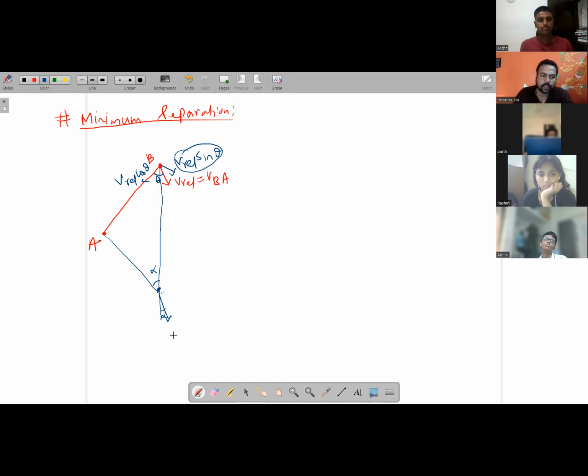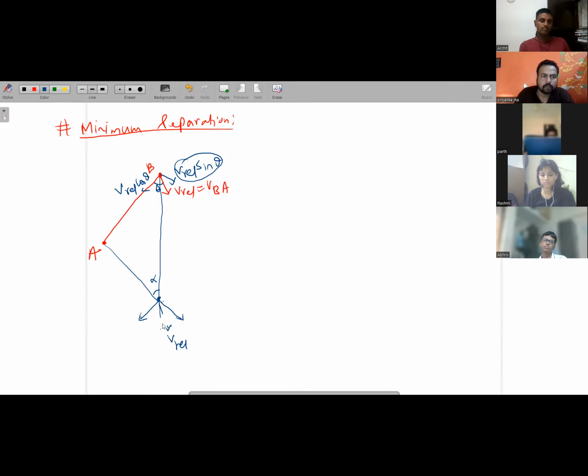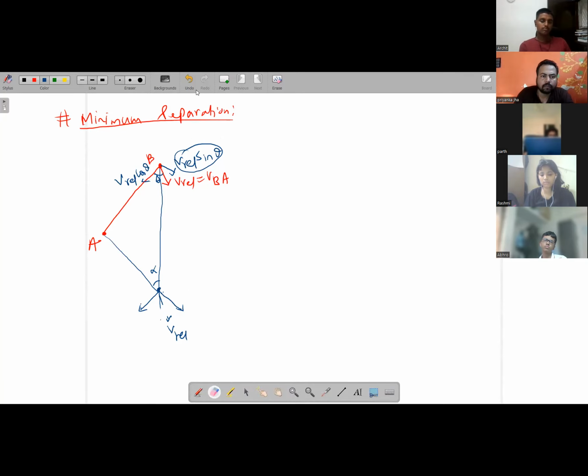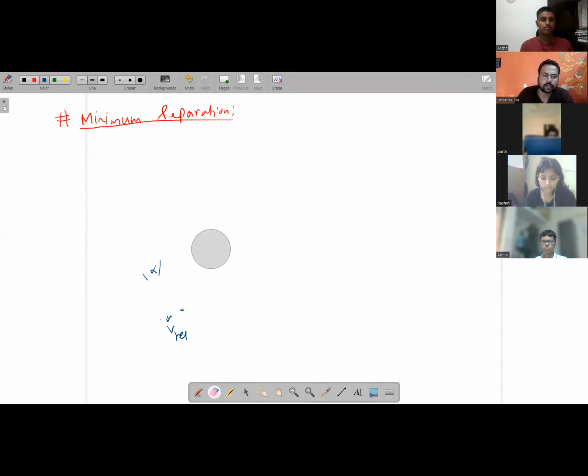So this is V relative. Oh, wait. The diagram is not correct. Wait.